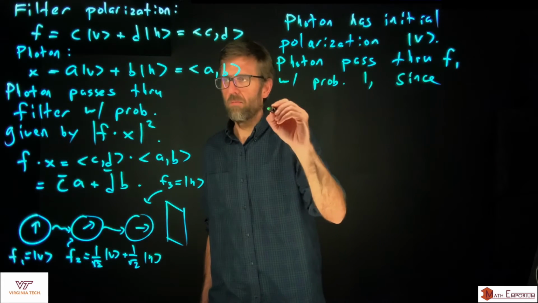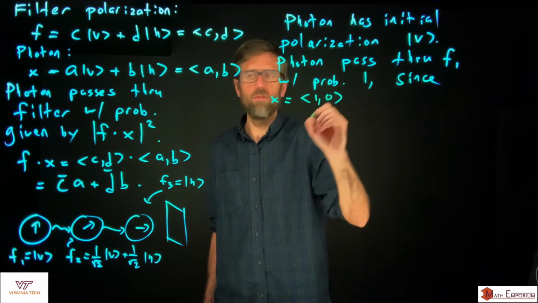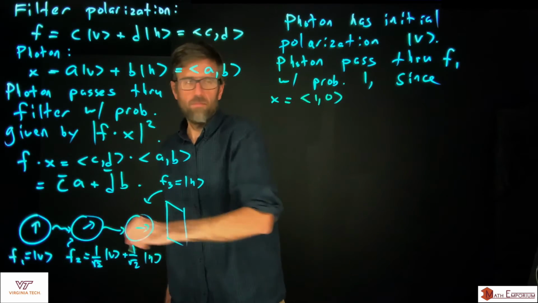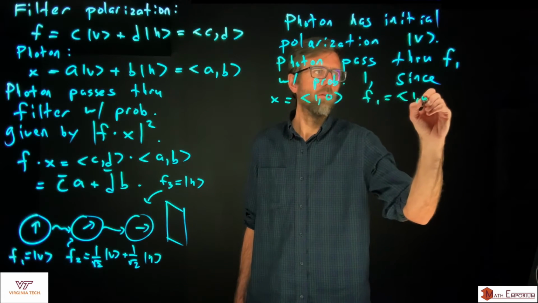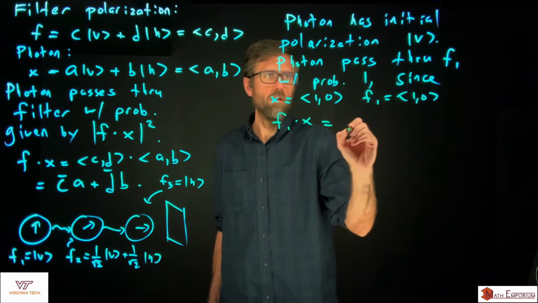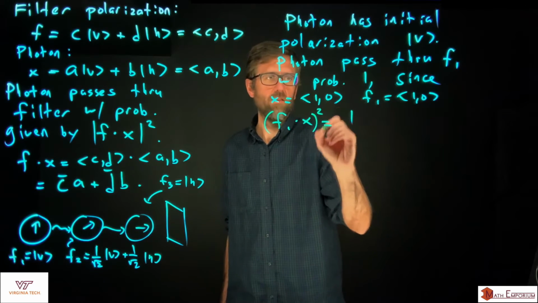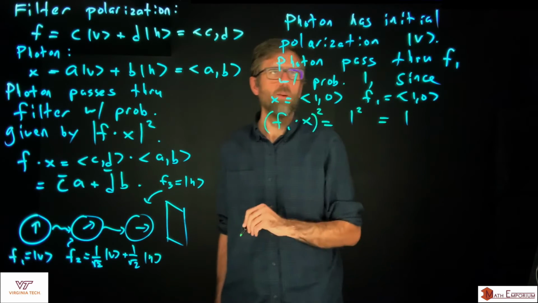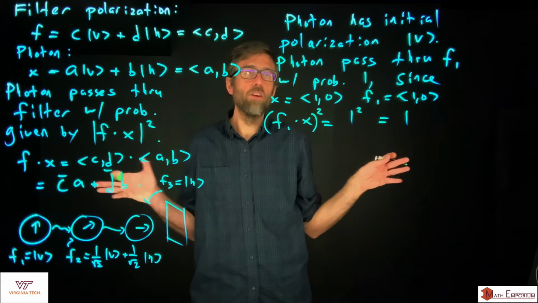So since my polarization, I can think of it as 1, 0. F1 is also 1, 0, and so the dot product is just 1. And so the dot product squared is 1 squared, which is still equal to 1. All right, that agrees with what we said last time.